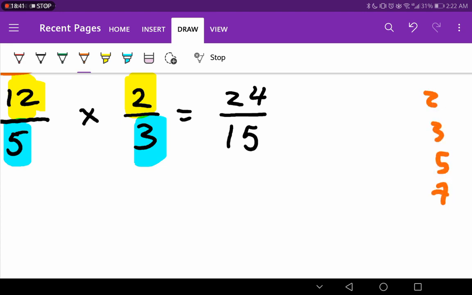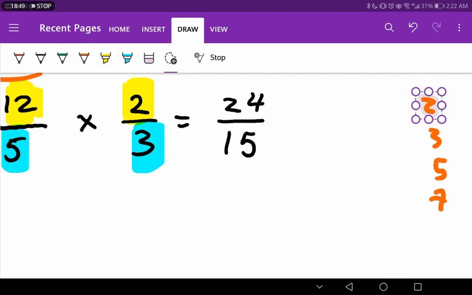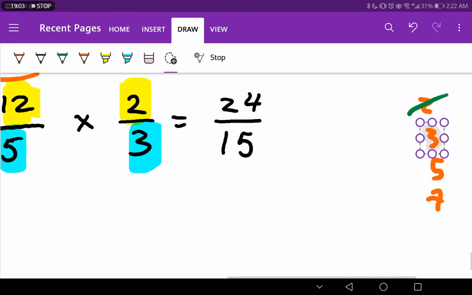Now we go to the respected magic numbers and ask them, hello magic numbers, can you help me to find out if this fraction is written in simplest form or not? The 2 said, yes, I can help you because I'm working with the 24, but I'm not working with the 15, so cancel me. And the 3 said, okay, I can help you, I'm working with the 24 and the 15 at the same time.